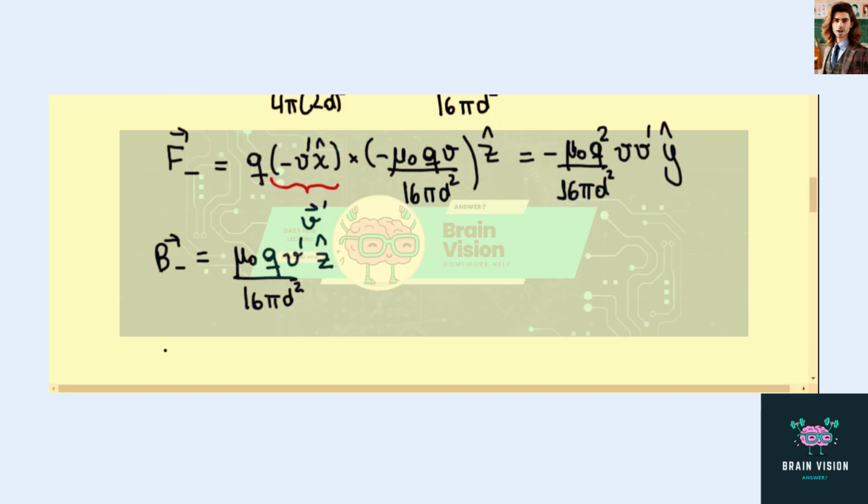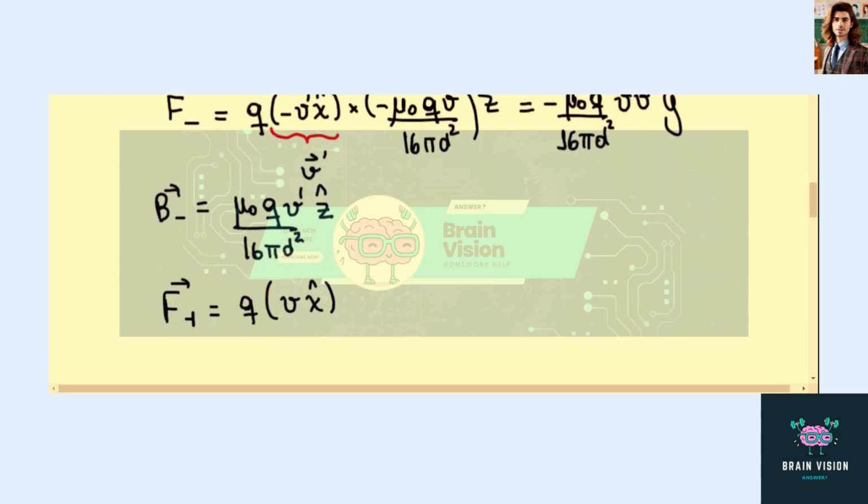So F minus is q times v x. Actually, this is F plus, I'm sorry, the force on the positive charge. The velocity of the positive charge is Vx cross mu 0 q v prime divided by 16 pi d squared z.